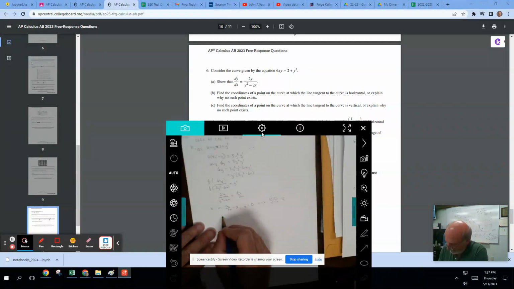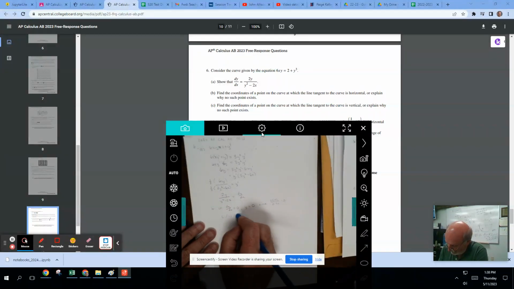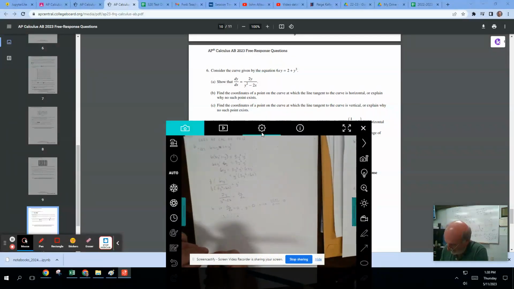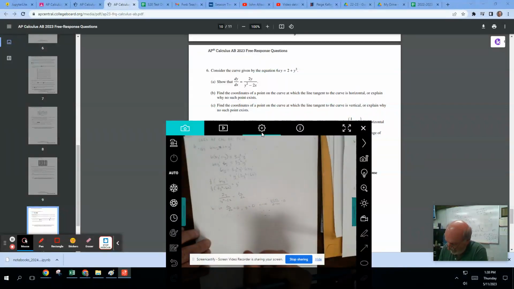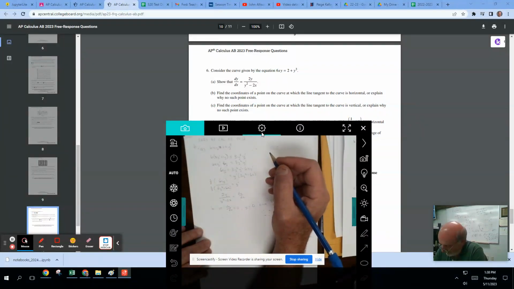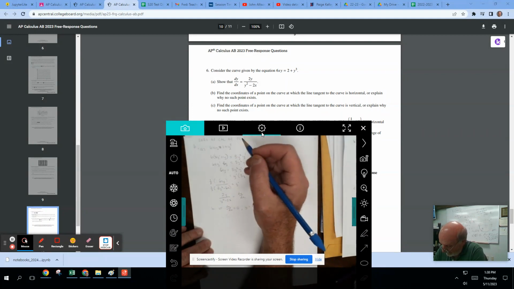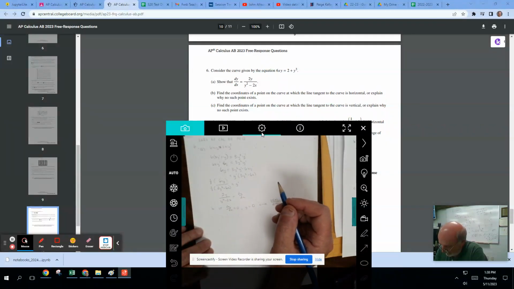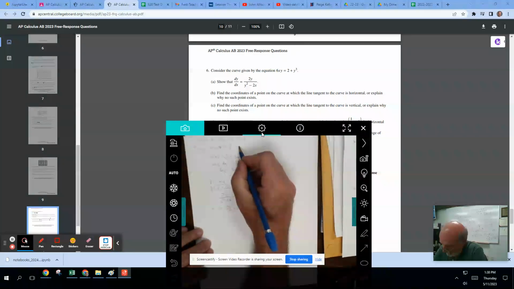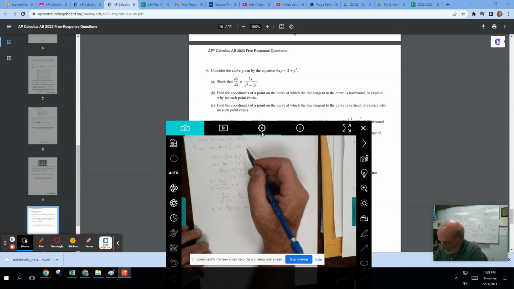Therefore, 6x times 0 plus 2, that's not going to work. Let's find the solution. If I factor out the y, let's go back up here and let's find solutions.